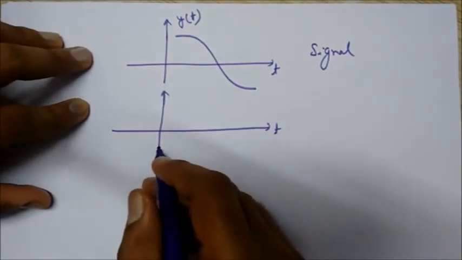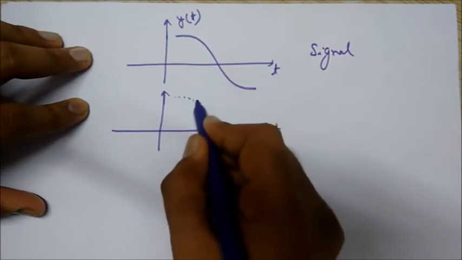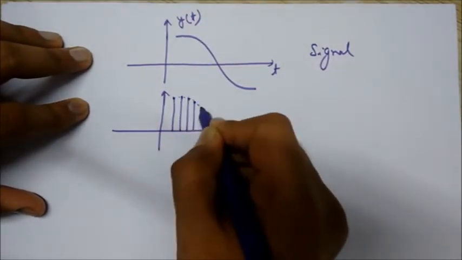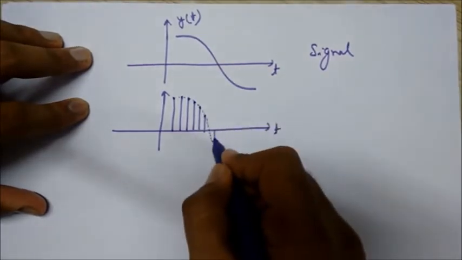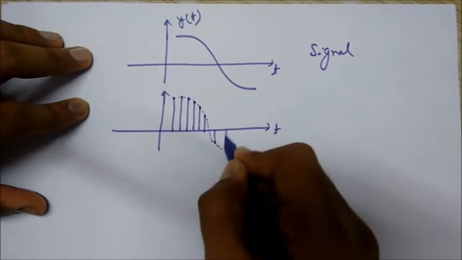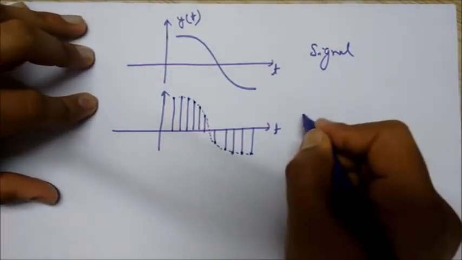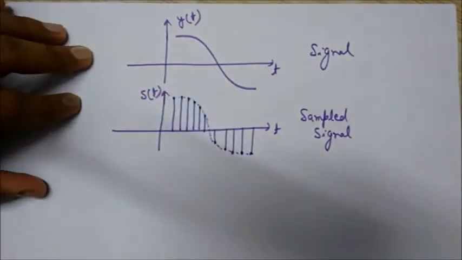The sampled signal is somewhat of this form. This has been cut horizontally into samples. So this is a sampled signal, which I'm denoting with s(t) here.